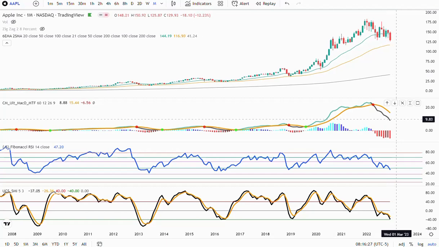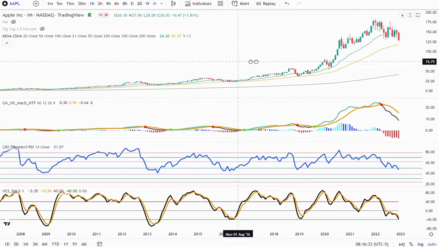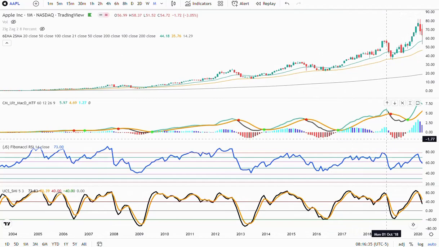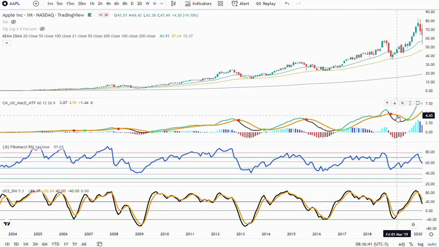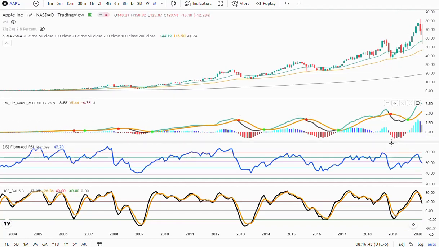Now, before it crosses, what happens is that these histogram bars get smaller and smaller. If you look right here, once it prints the largest bar, which shows that these two lines are the widest, it takes several months for the bars to get smaller, and then they start moving above the zero line.